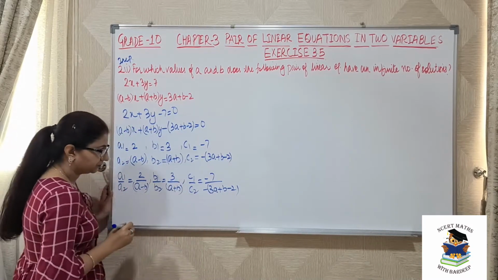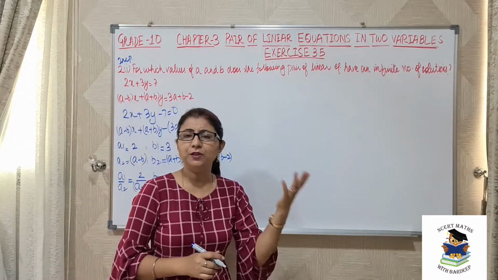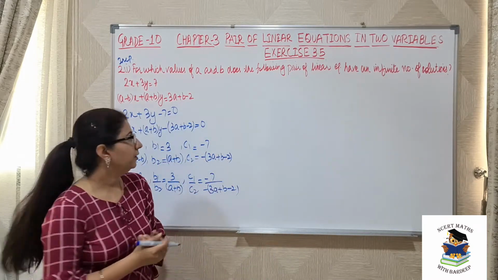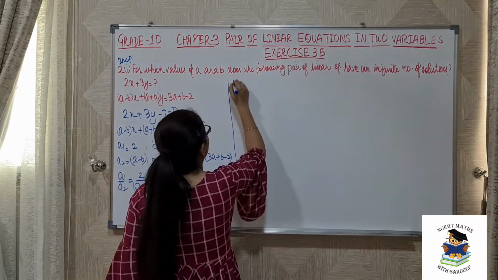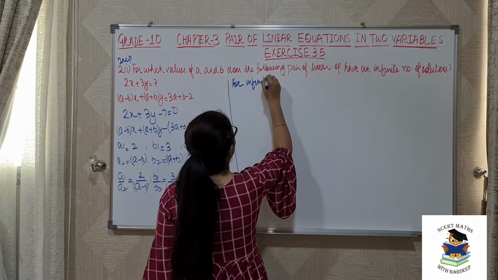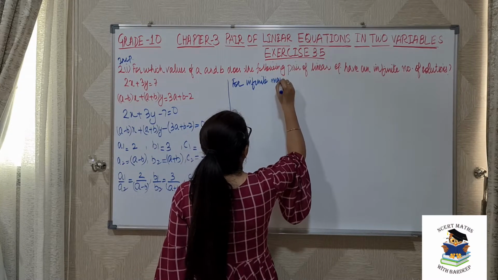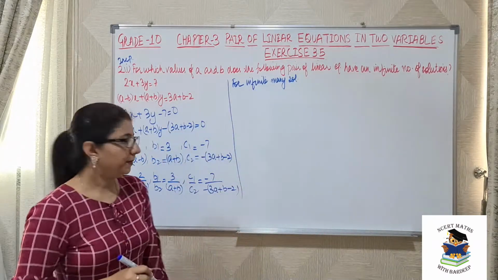So now what should be our next step? That these ratios should be equal for infinitely many solutions.